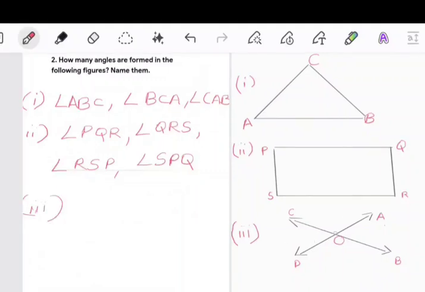Question number 3. Here is the picture of intersecting lines. When 2 lines cross each other, we get 4 angles. So we can mention the 4 angles here. Angle COA. Next angle, angle AOB.